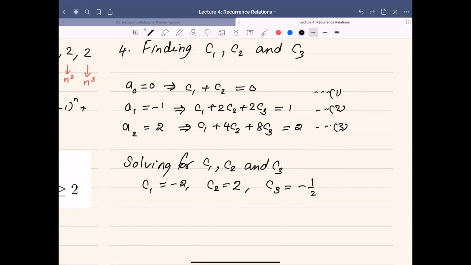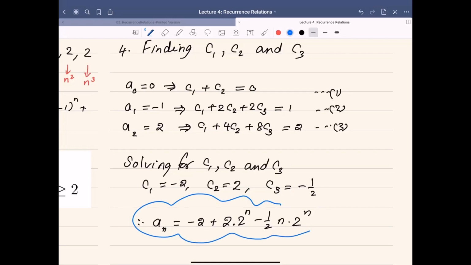By plugging these into the equation, we will have a_n is equal to minus 2 plus 2 times 2 to the n minus 1 over 2 n times 2 to the n, and this is the general solution.